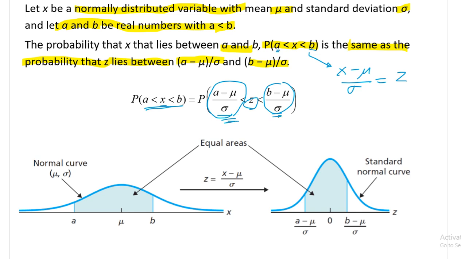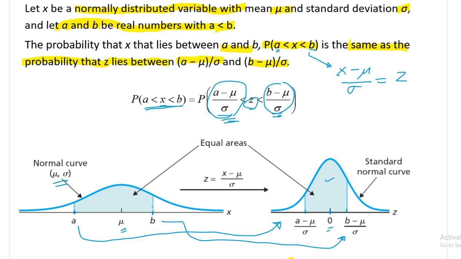My original distribution was this, with mu and sigma, and my x was between a and b. Now when I convert this a to the z value, a minus mu by sigma, and this b to its z value, b minus mu by sigma, my mu is now 0. So the probability between a and b under this curve is the same as the area between these two values under the standard normal curve.